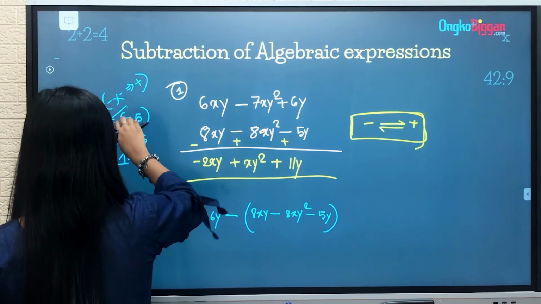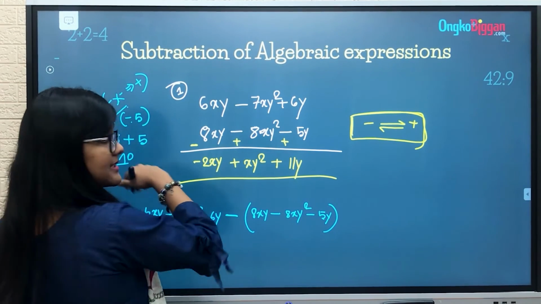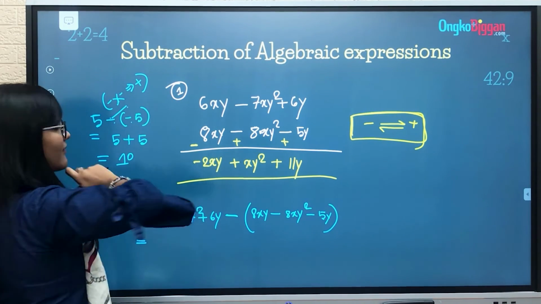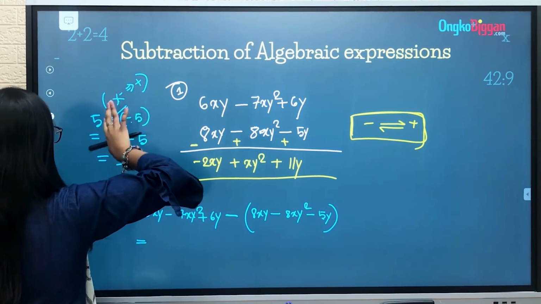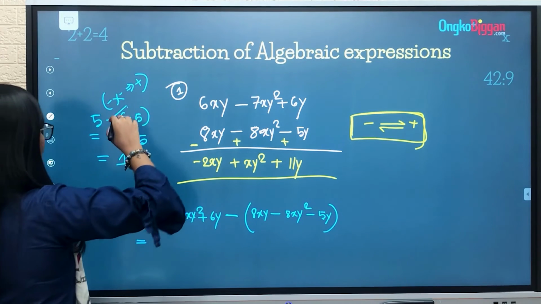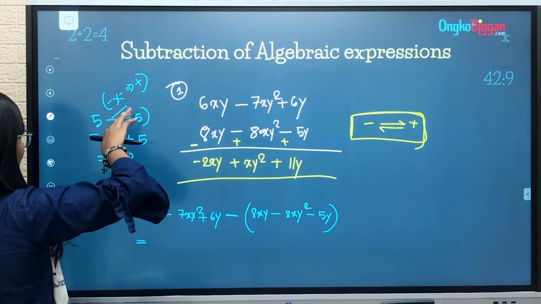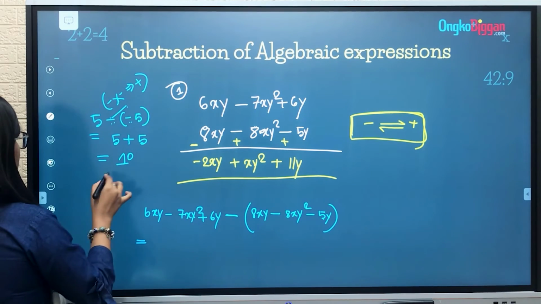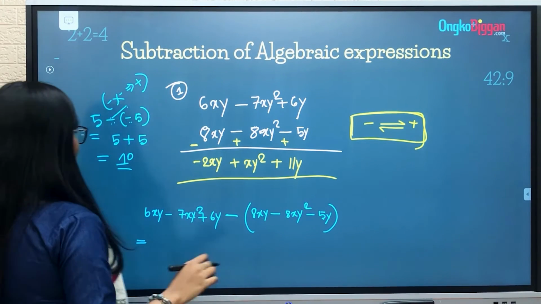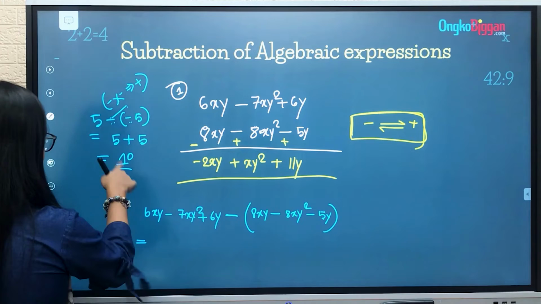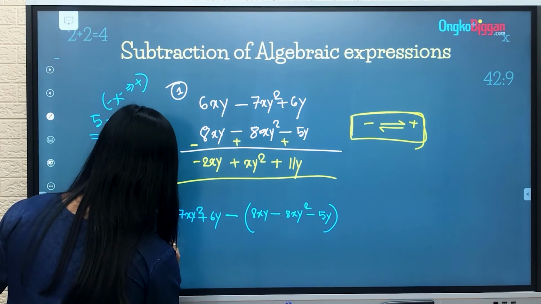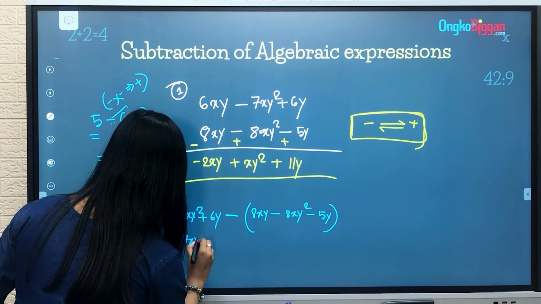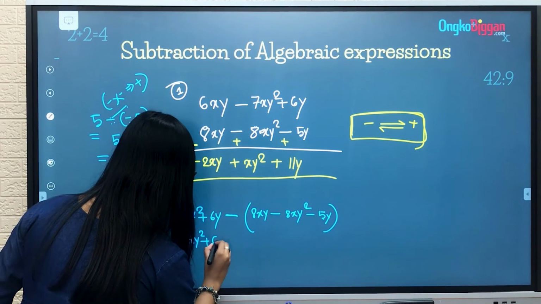Here minus and minus is in the form of multiplication. Though these 5 and 5 are in the form of minus subtraction, if there is this sign sidewise, we will multiply this by this. So we will get 10. We will apply this theory over here, that 6xy minus 7xy squared plus 6y.